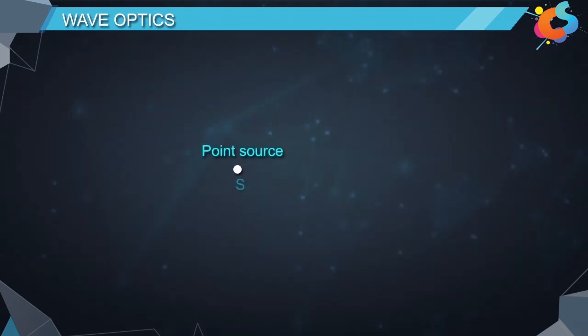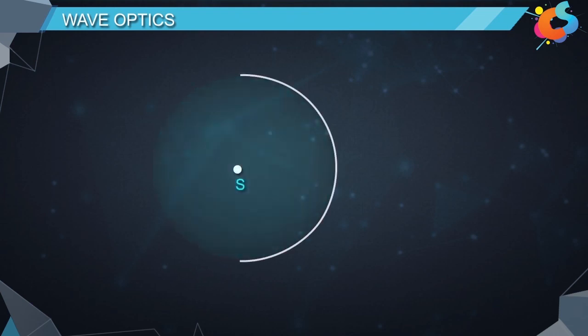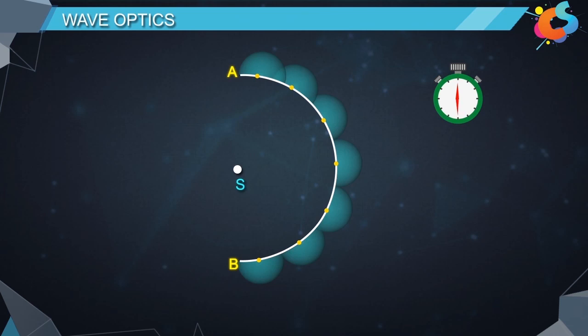Let us consider a point source S. The source S generates a spherical wavefront AB traveling away from S. Now, according to Huygens' principle, each point along the wavefront AB is the source of new disturbance, and spherical secondary waves originate from these points which spread out in the forward direction. These secondary waves are called wavelets.